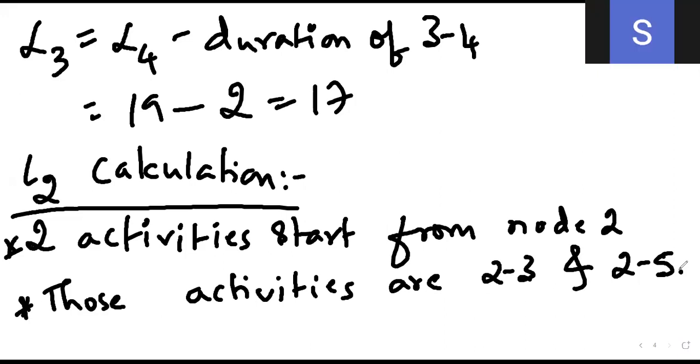So one is 7 and another is how much? 20. Okay. So minimum will be 7. That means the 1-2 activity's duration is how much? What is the duration of 1-2? 7. In which case L1 will be equal to 0.